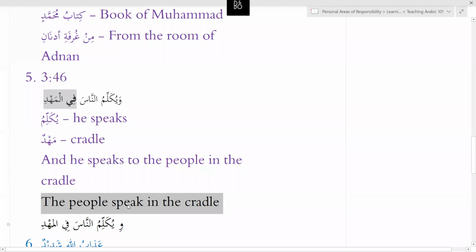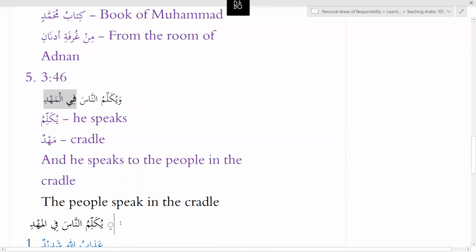Okay, anyone who wants to try? How do you say the people speak in the cradle? Yes, Zahan. Can it be, instead of ويكلم, can it be يتكلم الناس في?